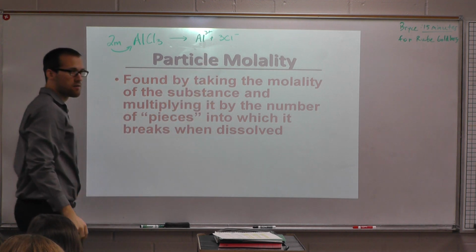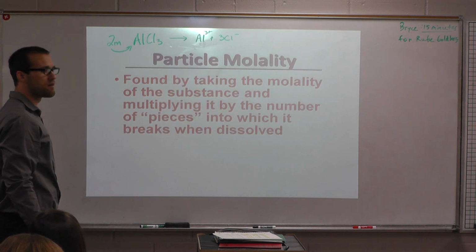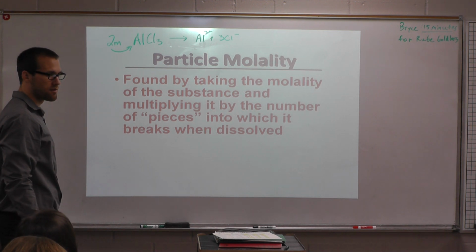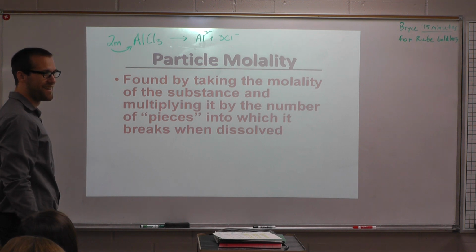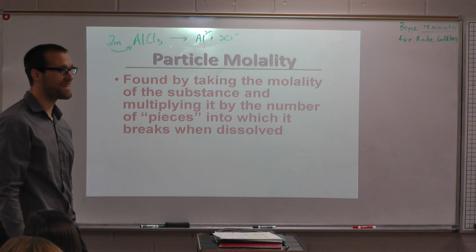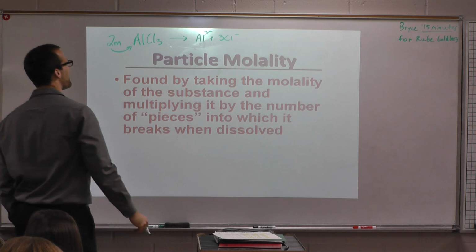Al would have 2 m and the 3 Cl would have 6 m, which is what 2 times 4 gives you. First of all, you said 6, not 8. You're right. Okay, you have 8 what?